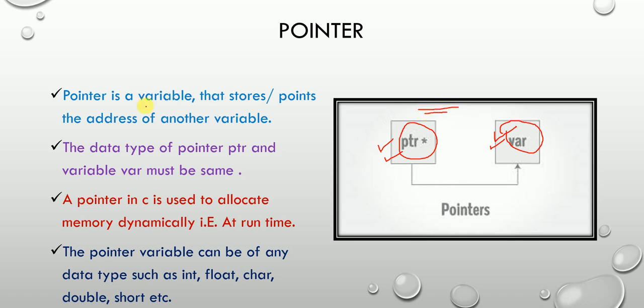Next, as I've already told in my previous video, a pointer is used during dynamic memory allocation. Dynamic memory allocation means whatever memory you create using the pointer will be allocated during the runtime.